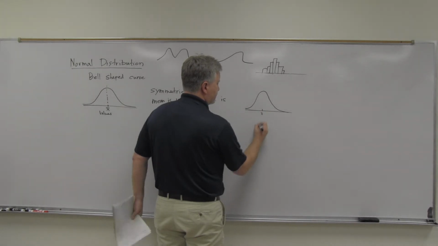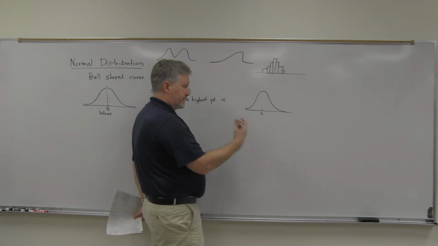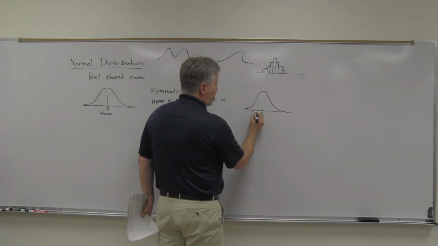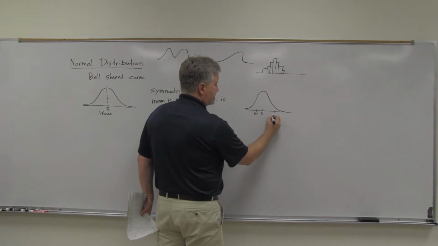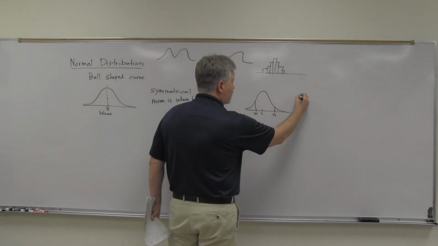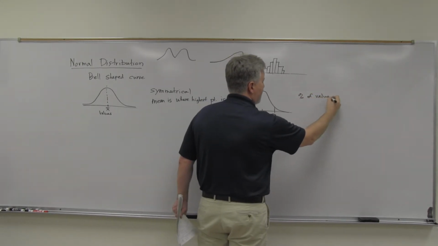So here's the mean. Let's just say, I'm going to make these up, here's 50 and then 75 is over here. Can I figure out what percentage of values are between 50 and 75?